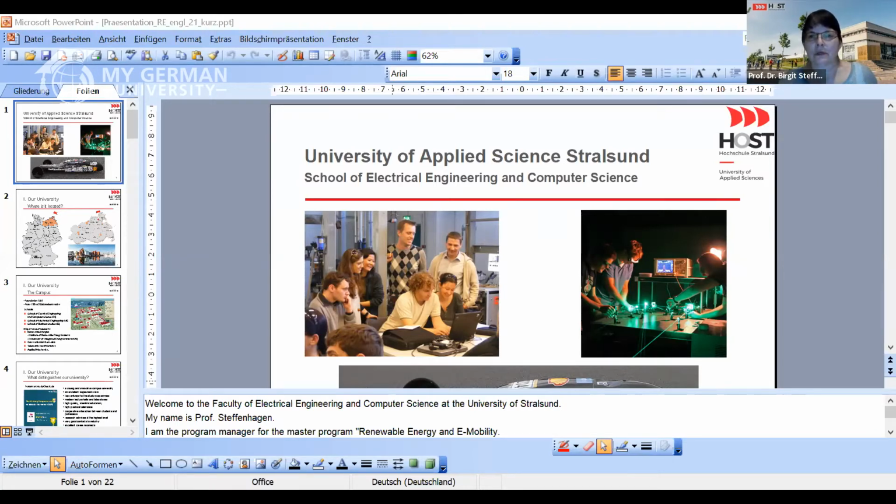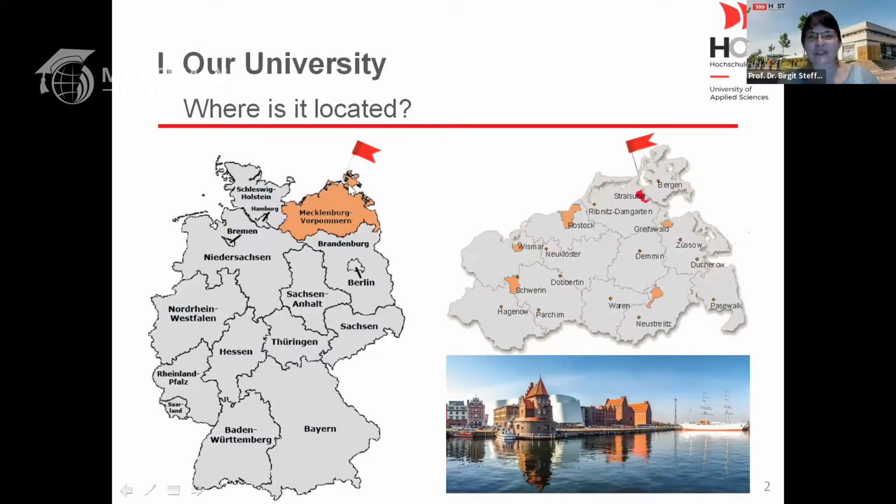Stralsund is a small city with almost 60,000 inhabitants, and it is often referred to as the gateway to the island Rügen, the greatest island of Germany. Stralsund is an old city, rich in tradition. You see here very old buildings, and Stralsund is a founding member of the former Hanseatic Trading Association.